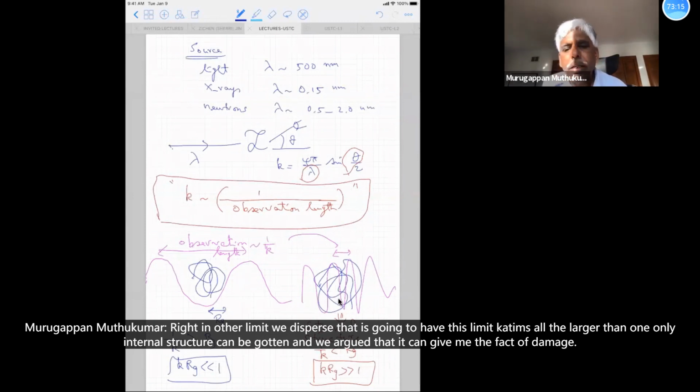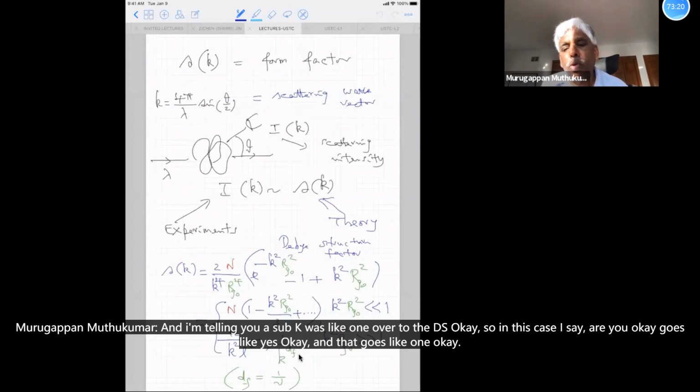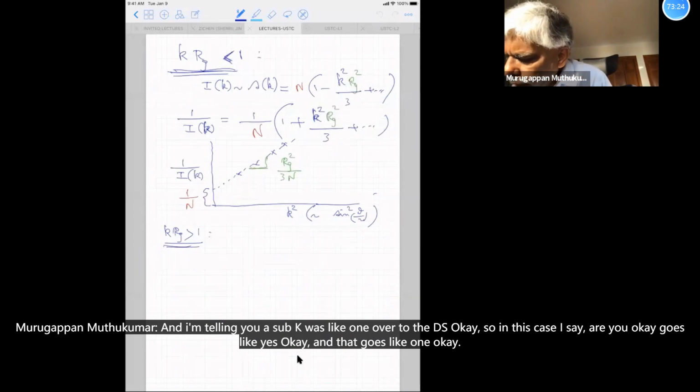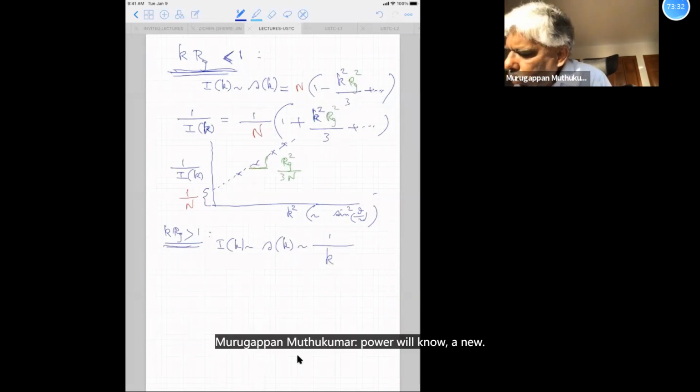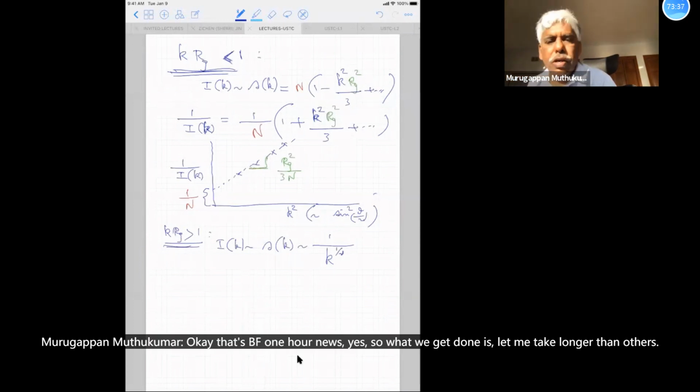And we argued that it can give me the fractal dimension. And I'm telling you, S of k goes like 1 over k to the ds. So in this case, I of k goes like S of k, and that goes like 1 over k power 1 over nu. That's df. 1 over nu is df.